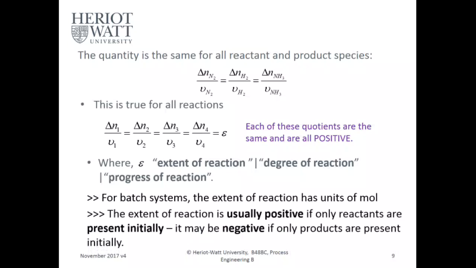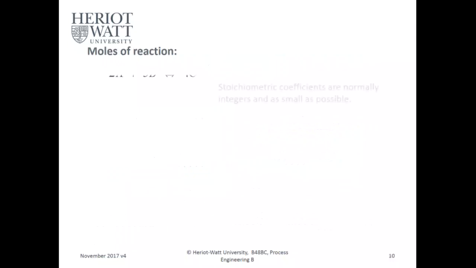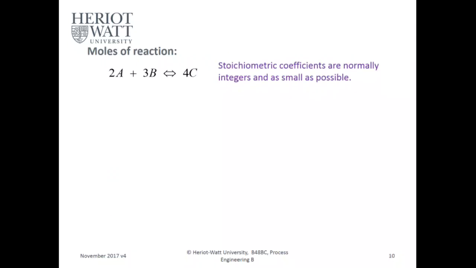And the extent of a reaction is usually positive if only reactants are present initially, and it may be negative if only products are present initially. So, moles of reaction: 2A plus 3B turns into 4C.